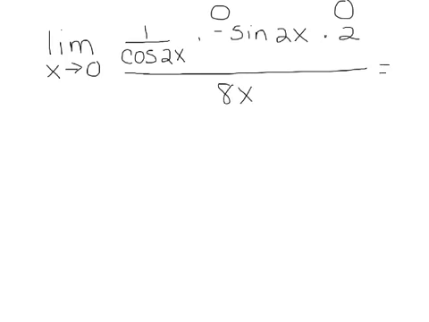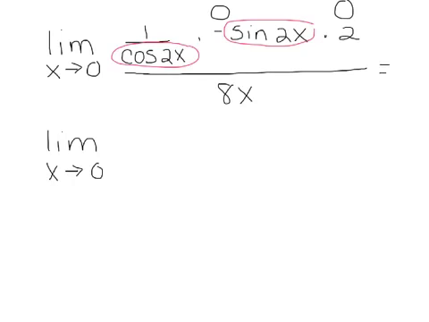Now if we clean this up a bit, let's take a look at this numerator and see what we can do. So we still have the limit as x approaches 0. If we put together our sine of 2x over our cosine of 2x, we get a tangent of 2x. So we can take the negative and the 2, put it in front, and then tangent 2x. That'll make the work from here on out go a little easier, all over 8x.